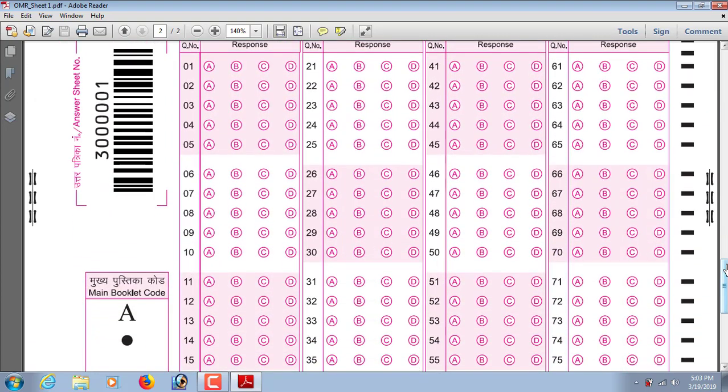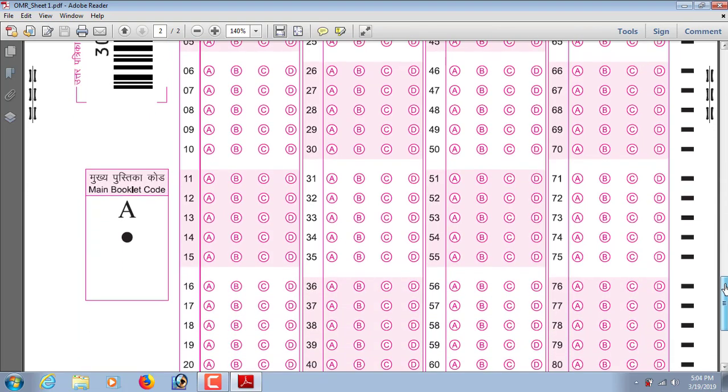And here are the answers. If you look at question number 1, and your answer is A, you have to fill this complete A. You have to darken it completely. You are not supposed to give any right mark like that, as you have seen before.